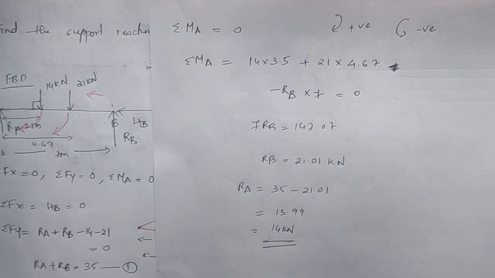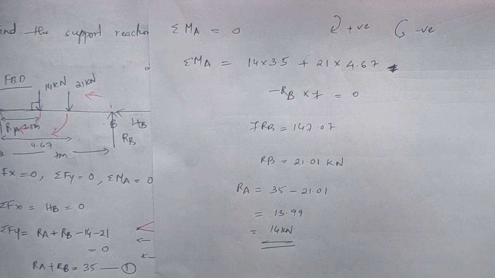Whenever you have a trapezoidal load, you should remember to convert that into 2 point loads, that is UVL into point load and UDL into point load, because the trapezoidal load is made up of a triangular load and a rectangular load. So I hope all have understood this problem. One thing you should study here is the support reactions.